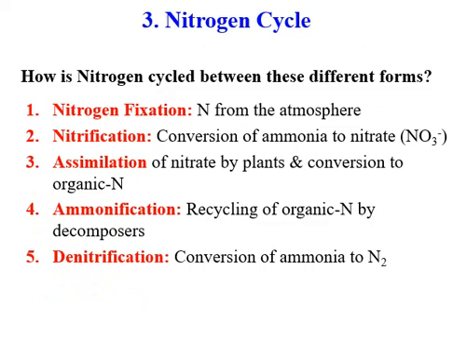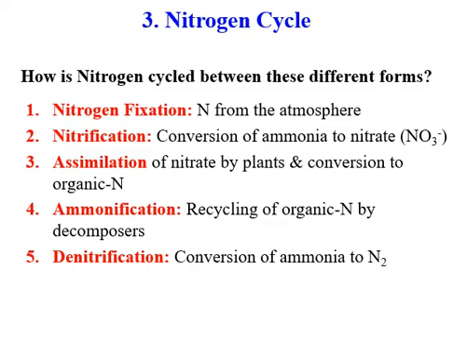The second thing is that the processes by which nitrogen is converted from one form to another are also variable within an ecosystem. There are different transformations that take place as nitrogen moves from one organism to the next, or from one part of the ecosystem to another, and from one form to another. Those different transformations are listed here.